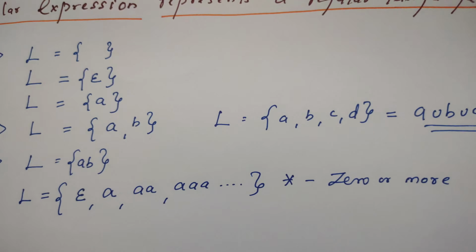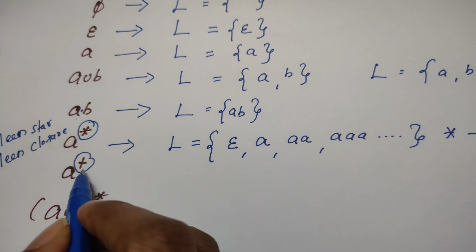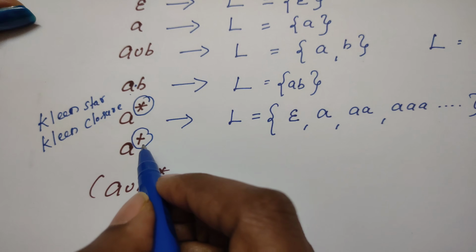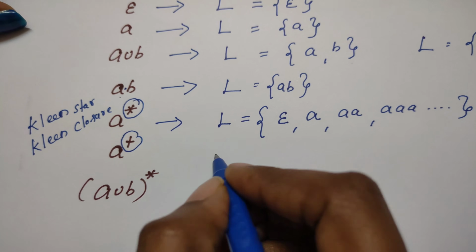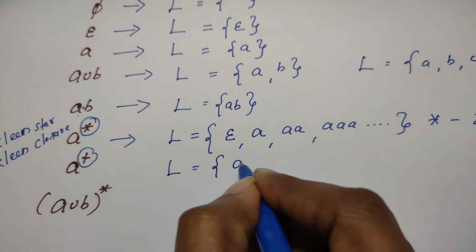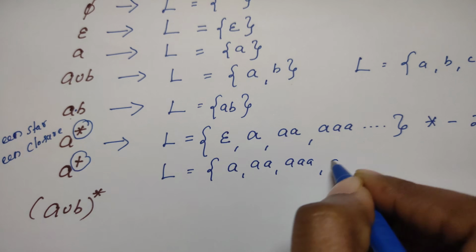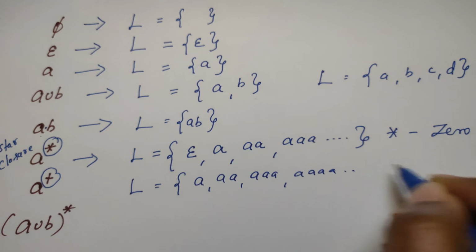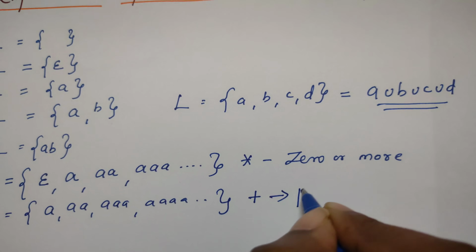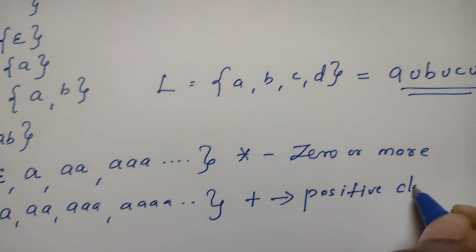There is one more operator, plus, but most of the textbooks do not accept this plus as a legal operator in automata theory. But the meaning of the plus is 1 or more. So what is the language? The language contains 1 A, 2 A's, 3 A's, 4 A's, etc. So the plus operator is known as positive closure.